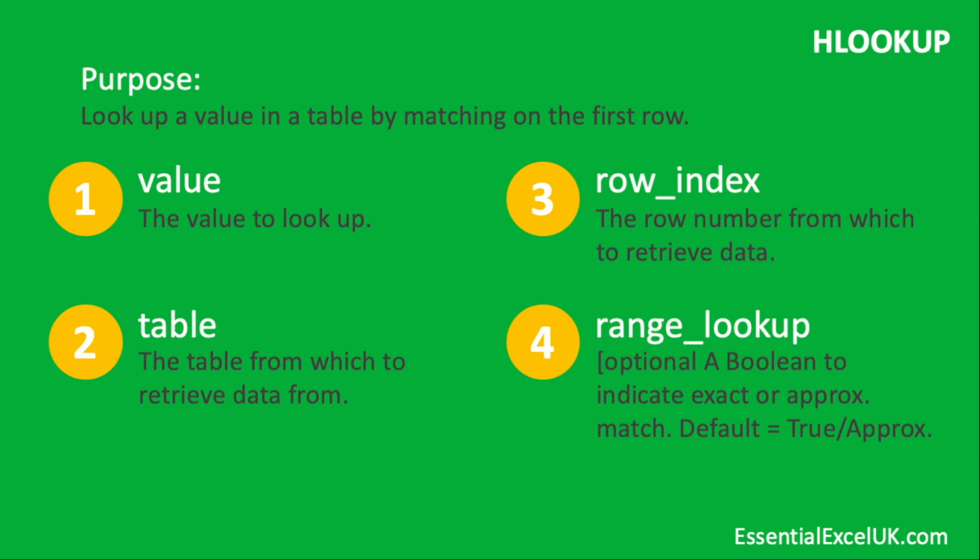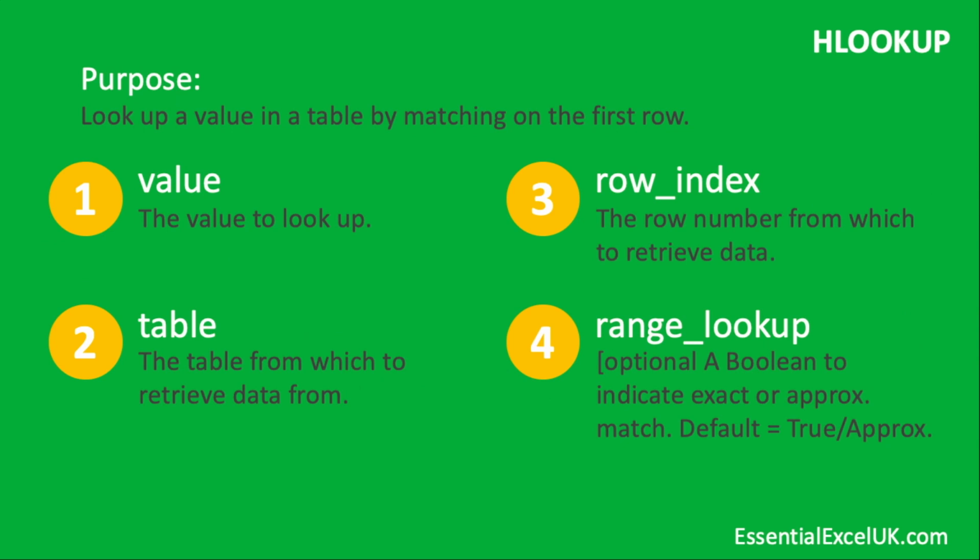And lastly, number 4, we've got range lookup. This is an optional field. It's a Boolean field, so as we know, Boolean means it's either true or false. It indicates an exact or approximate match. If you don't put a value of true or false in here, it defaults to true, which is an approximate match.